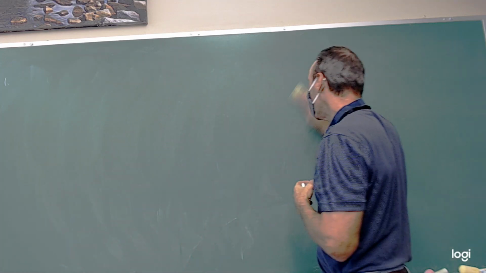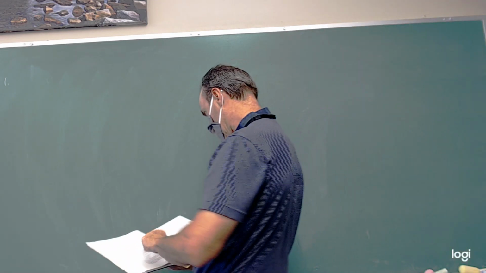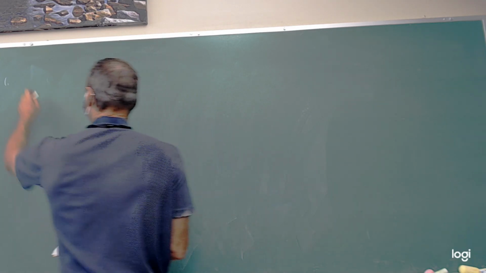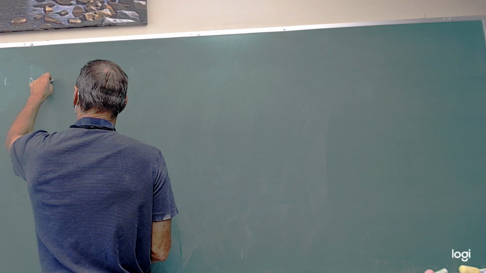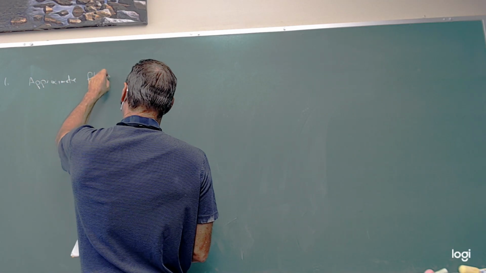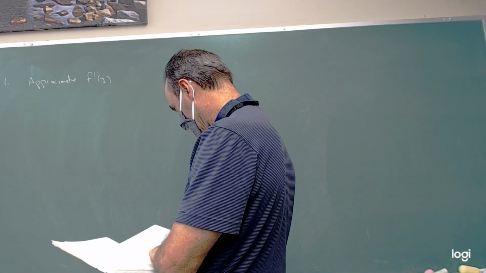So this is one where I think they're giving you a table of values, and they're asking you to approximate f prime of 2. And I don't think they give you anything specific.